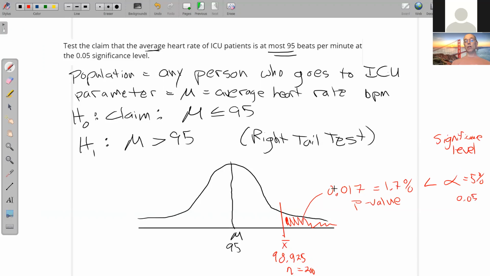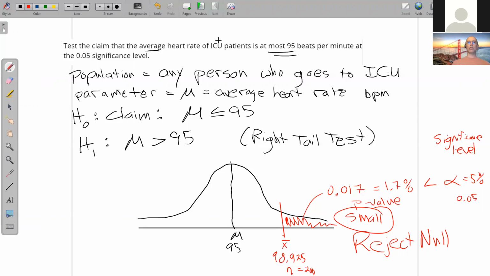Okay. So our p-value is smaller. So if your p-value is small enough, then you get to reject the null and accept the alternative. So my decision is reject null hypothesis. And then we have to come up with the conclusion. So the conclusion is something I would tell my mom. So I got to try and work that up.